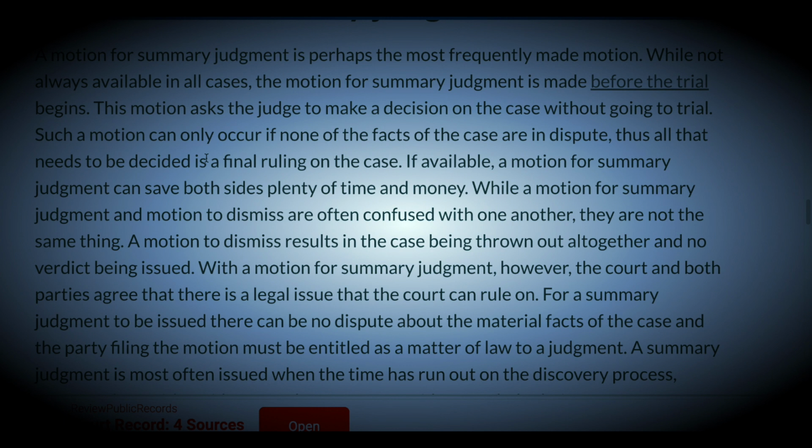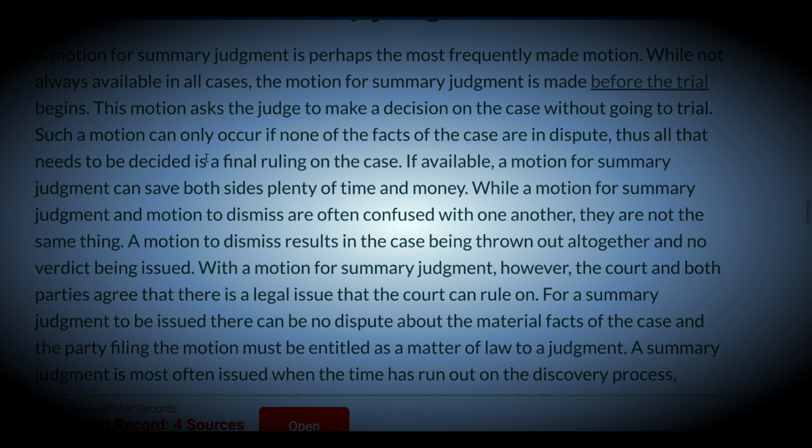While a motion for summary judgment and a motion to dismiss are often confused with one another, they are not the same thing. The motion to dismiss results in a case being thrown out altogether and no verdict can be issued. I never thought about that. That's true.